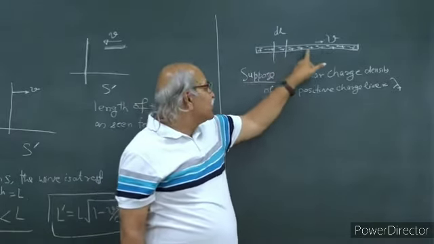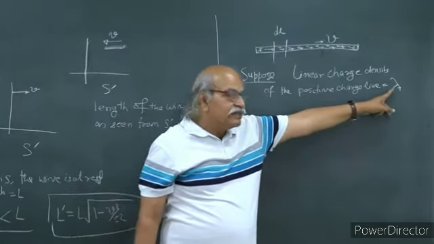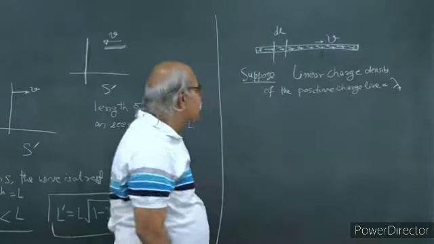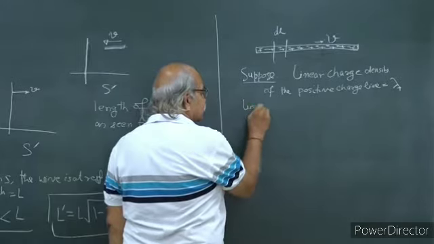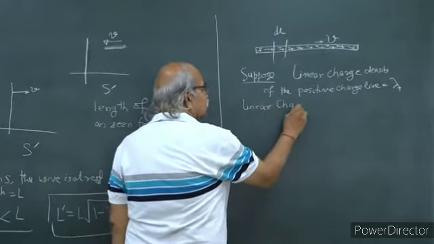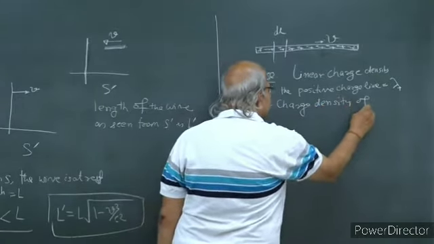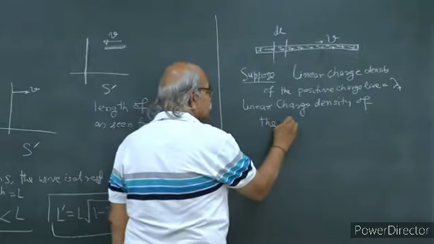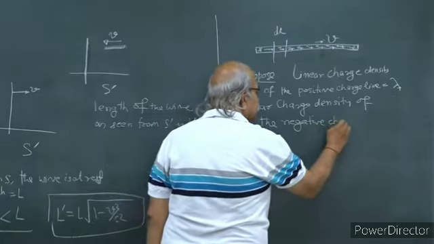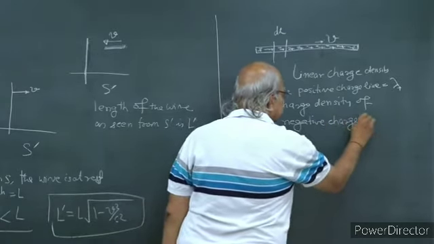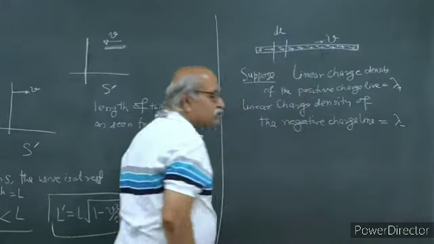So suppose the linear charge density of the positive charge line is lambda plus, and similarly suppose the linear charge density of the negative charge line is lambda minus.